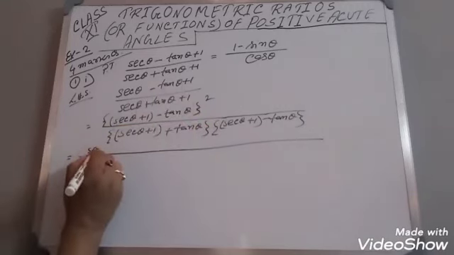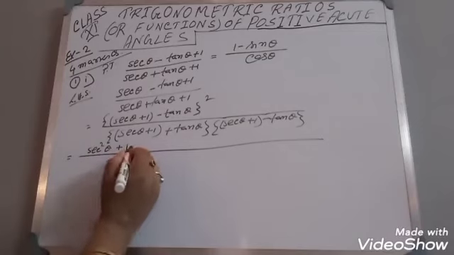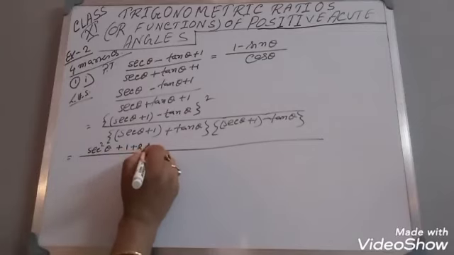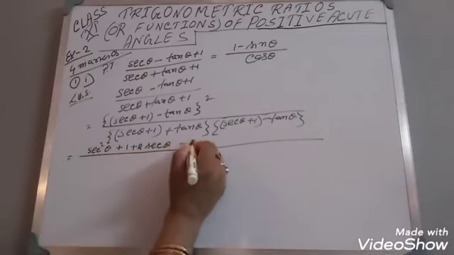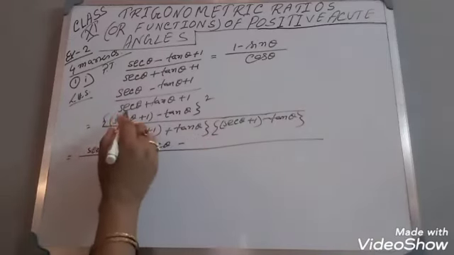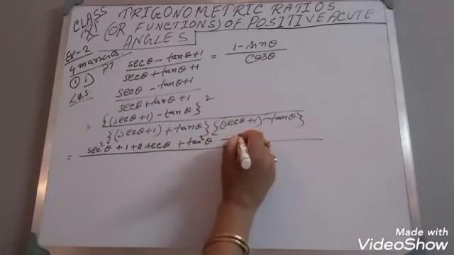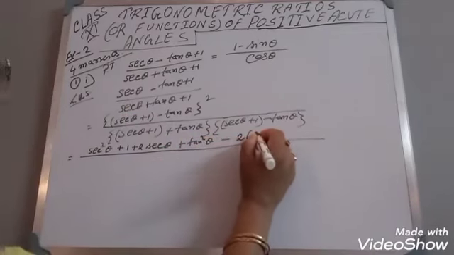So we can write sec square theta plus 1 plus 2 sec theta minus, this is a square part, a square plus b square minus 2 into a b.